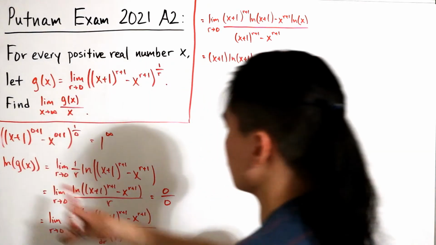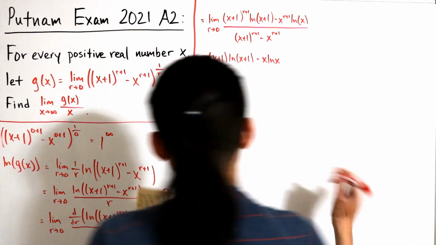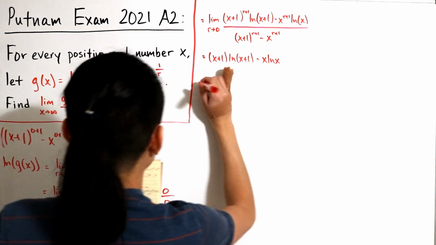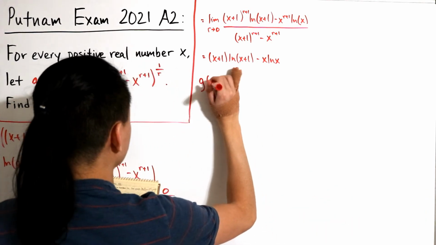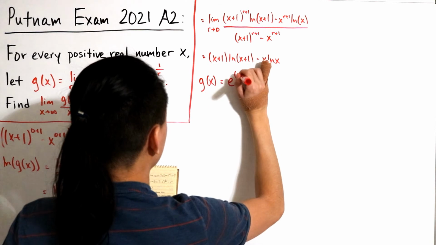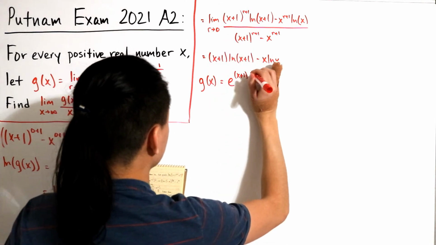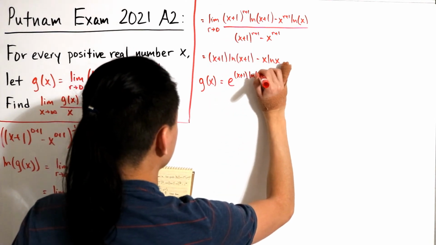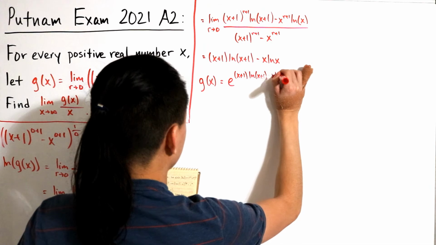So we said that that's equal to ln of g of x, but no worries, all we've got to do is take the exponential base e of both sides to get g of x by itself. So g of x is now equal to e to the power this entire expression: x plus 1 times ln of x plus 1, then subtract x ln of x.